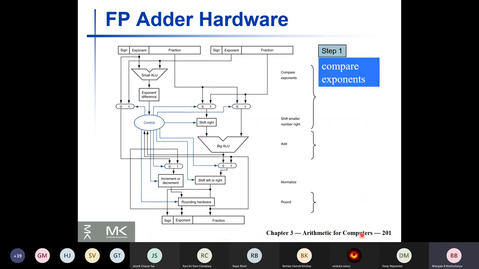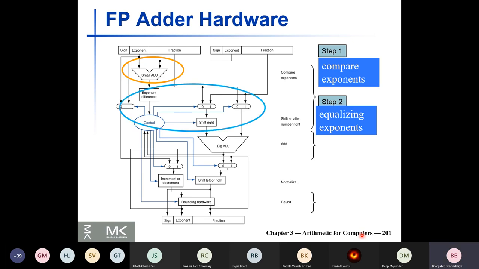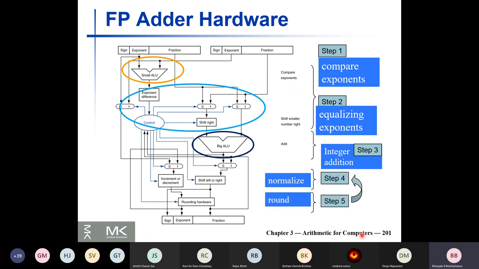So basically, you have these steps: compare exponents here, shift smaller number right, equalizing the exponent here, and then add, integer addition here, step 3, finally normalize here and round, which needs additional hardware, and finally get the result. So this is the overall flow.